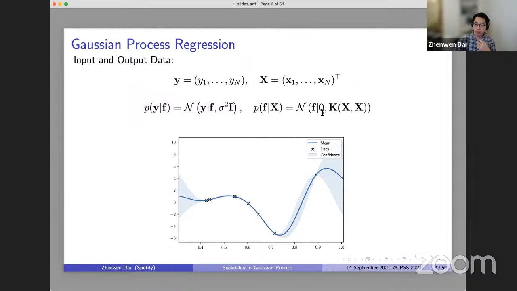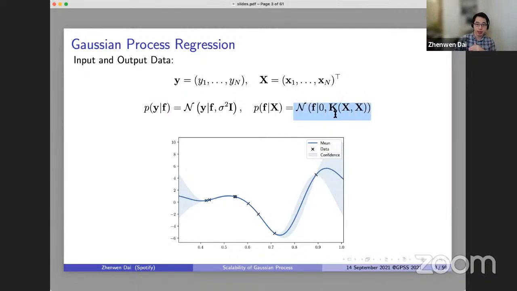Usually we do not assume a particular mean function for the Gaussian process unless we have specific domain knowledge. So in this case, we assume the prior mean of the Gaussian process is constantly 0, and the covariance is K, capital K, which is calculated based on the set of input points. The set of N points results in an N by N covariance matrix.